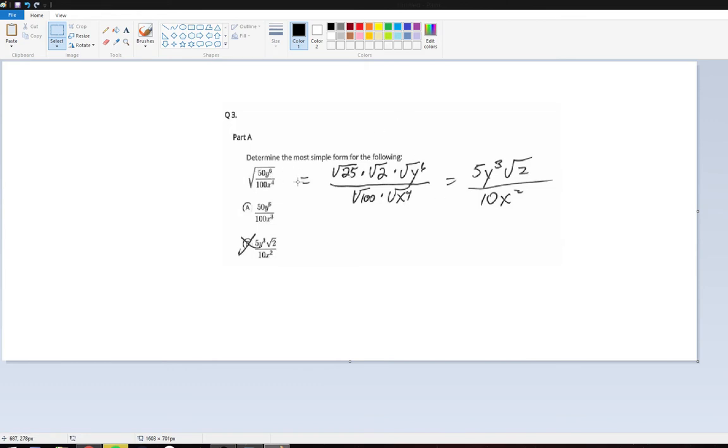So 50 would simplify to 5 times the square root of 2, and then add the y with the exponent halved, so 5y cubed is equal to the square root of 2, and 100 is just 10, and then x to the 4th power is now x squared. Really nice and simple, not too difficult.